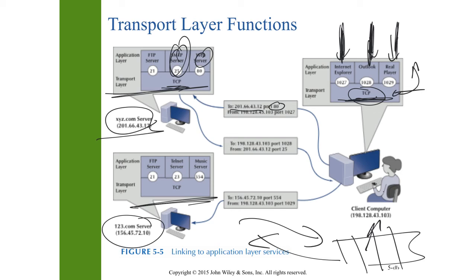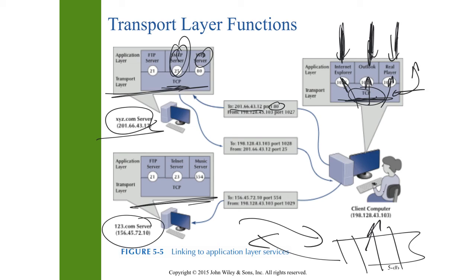But for now, one of the main responsibilities of the transport layer is simply to serve the application layer and keep the information coming down from the application into the network. And when the message comes back from the network, the transport layer needs to know to what window or to what protocol to send that message.